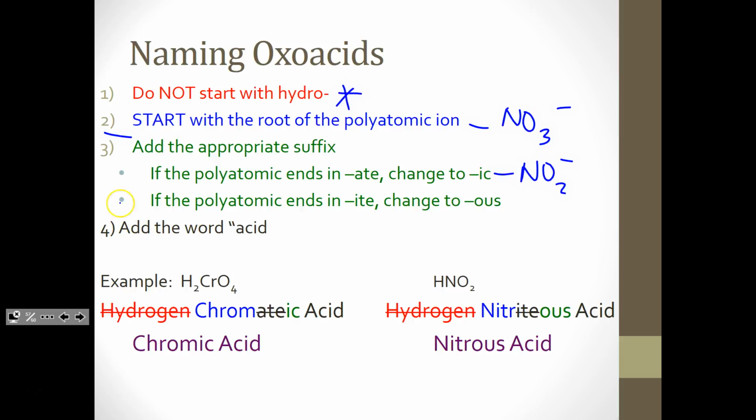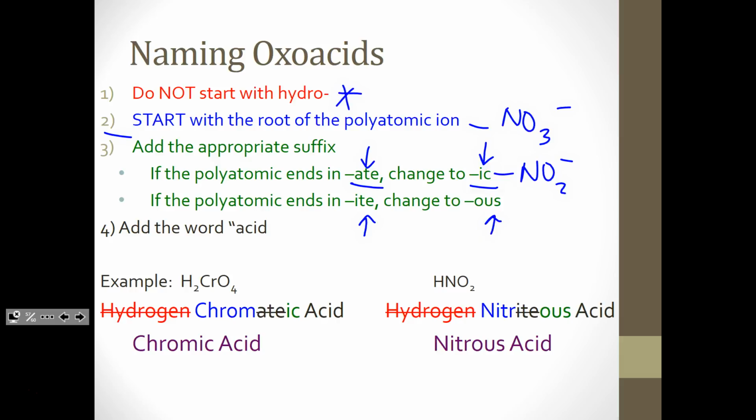So here's the rule. If the polyatomic ion ends in ate, then you're going to change the ending to ic, just like we always did. I like to think if you ate it, it would taste icky. It's stupid, I know, but it works. If the polyatomic ion ends in ite, you're going to change the ending to us. I have nothing clever for that one.